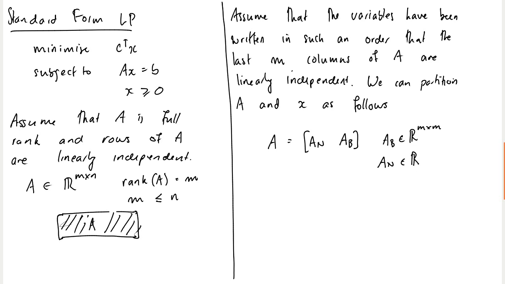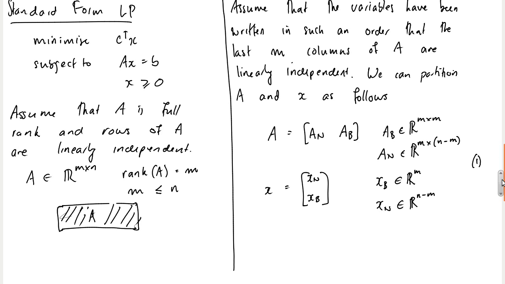It's going to have m rows, and how many columns? Well, it'll be n minus m columns. And likewise, we can write our x in the same way. We can split it up into x_N and x_B, where x_B is in R^m and x_N is in R^(n-m). I'll call this equation 1. That's just a convenient thing, the reason for which will become clear shortly.